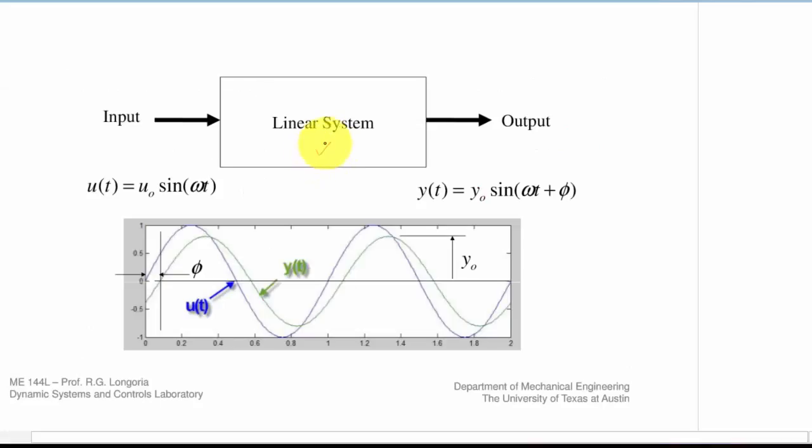In the study of systems, especially linear systems, although you can test a system this way even if it's not linear, we look at the output given a certain sinusoidal input. But we're talking mostly about linear systems here.